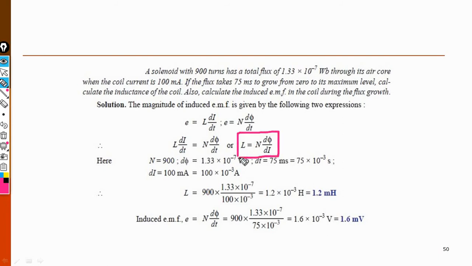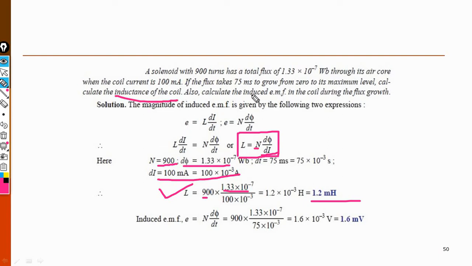Then N, 900 turns, is put here. Then the d phi value, that is 1.33 into 10 raised to minus 7, then the di value, that is 100 into 10 raised to minus 3. Then L is equal to 1.2 into 10 raised to minus 3 Henry, that is 1.2 millihenry. So first we have calculated the inductance of the coil.